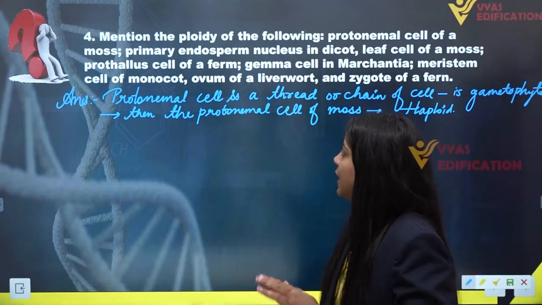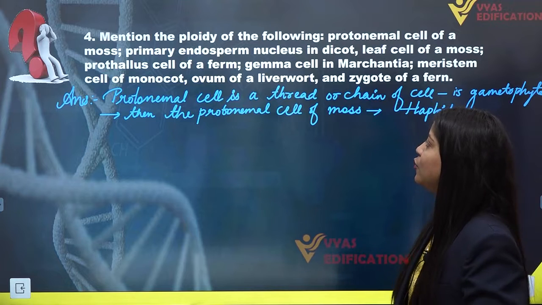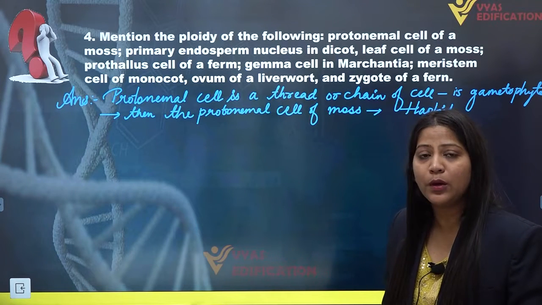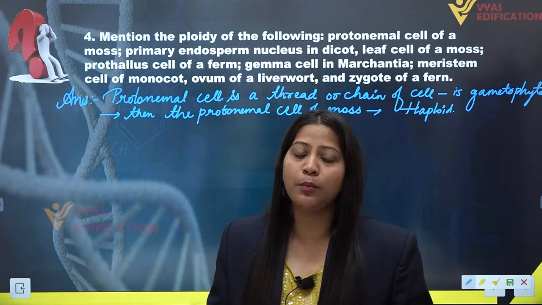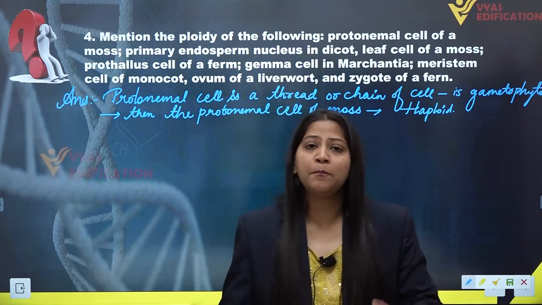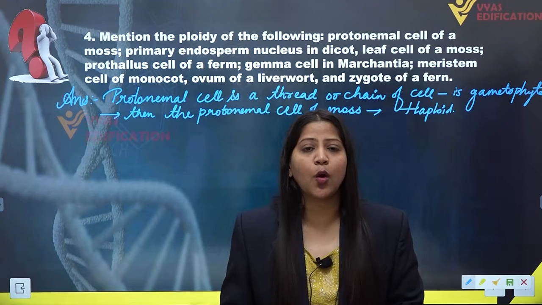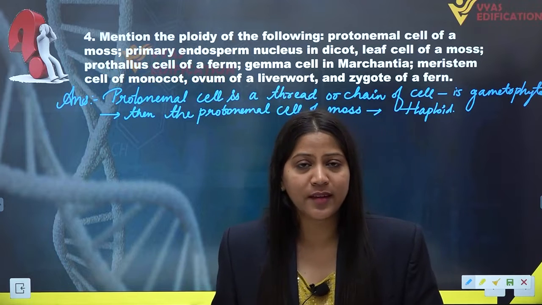Now, to find the ploidy level of the primary endosperm nucleus in dicots: in both dicots and monocots, in the whole angiosperm group, there is a reproductive structure called the flower. Flowers can be bisexual or unisexual.